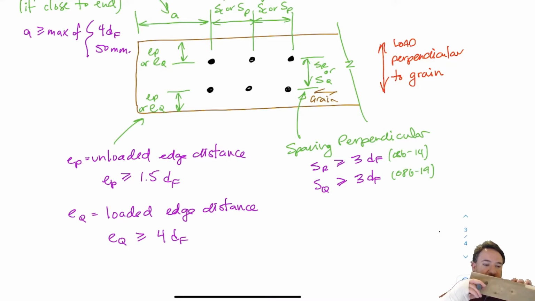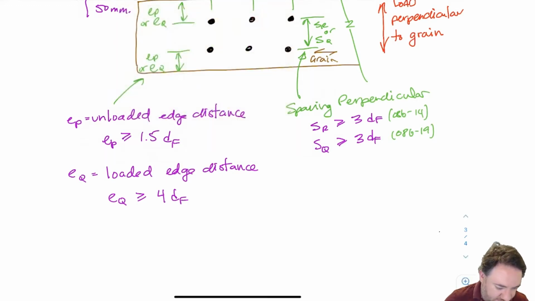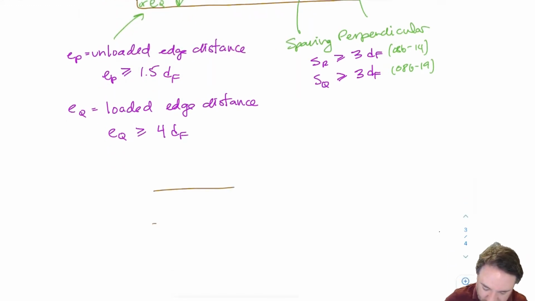That is the edge that the bolt will want to move towards in the connection. Then the unloaded edge distance will be this top distance here. And it's more important that I'm far away from the loaded edge than it is that I'm far away from the unloaded edge. So if I'm looking at these two cases a bit more pictorially, like this.